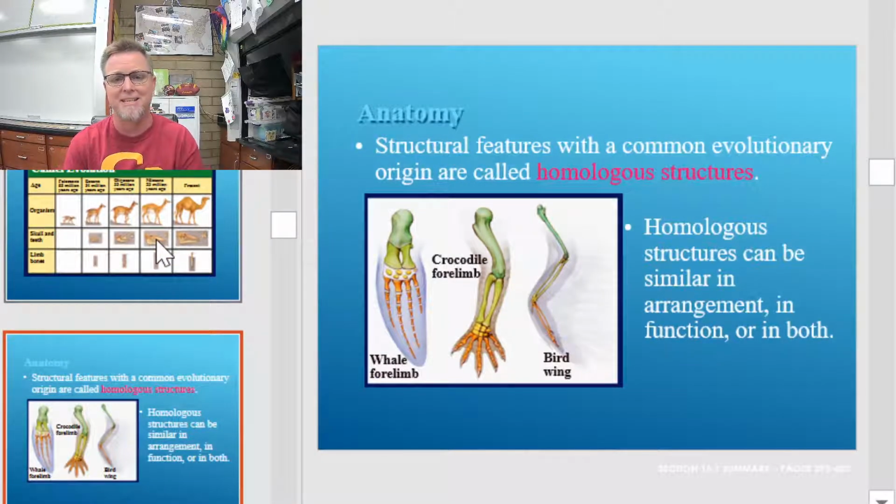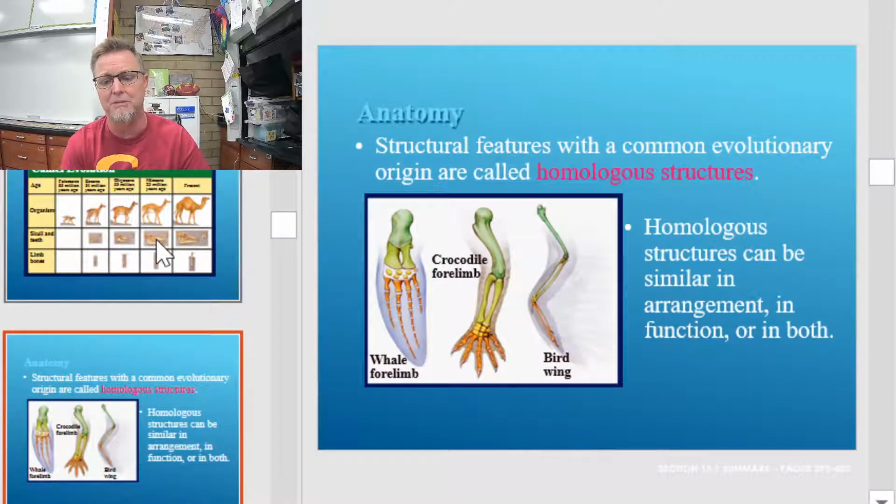Another thing for us to consider when we're looking at change over time in population is anatomy. This involves looking at what we call homologous and analogous structures in organisms. Homologous structures are structures with a common evolutionary origin, but they might have a totally different function in the individual that currently possesses it.